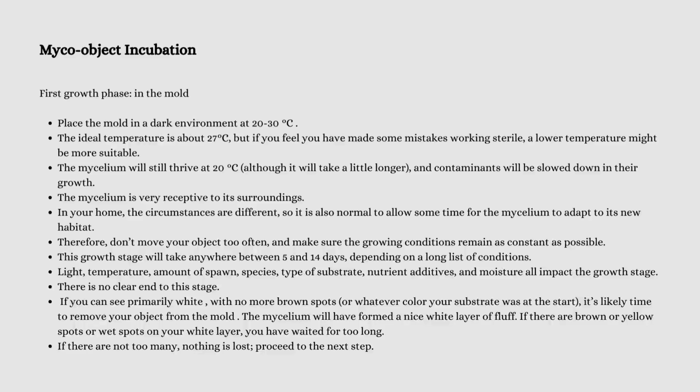So first, place your substrate-filled mold in a dark environment of 20 to 30 degrees Celsius. The ideal temperature is about 25 to 27. If you have a way to control that, amazing.